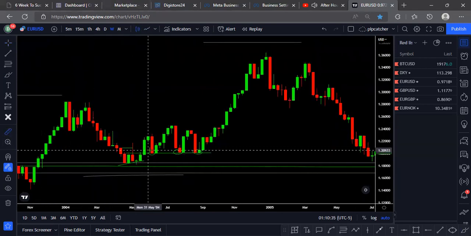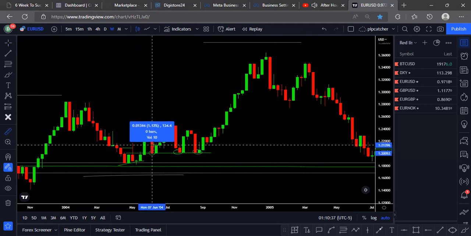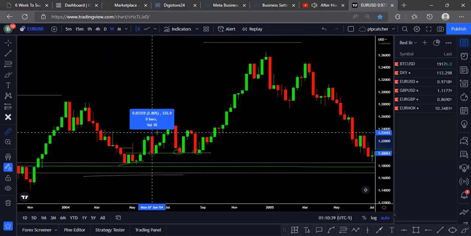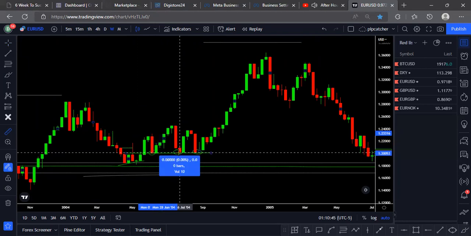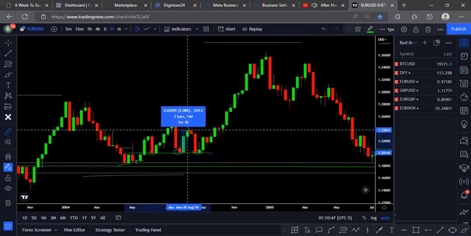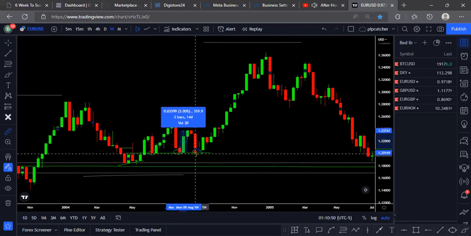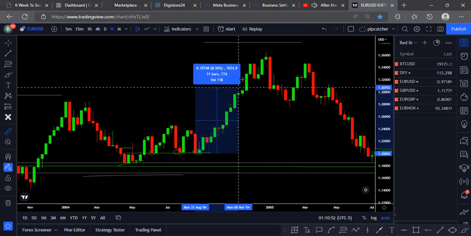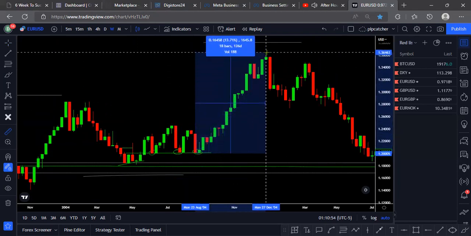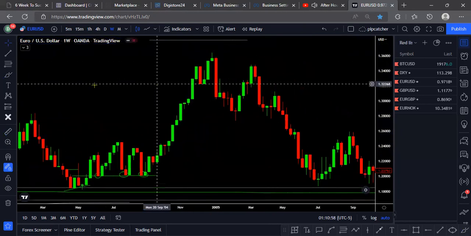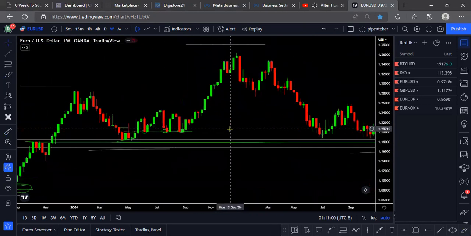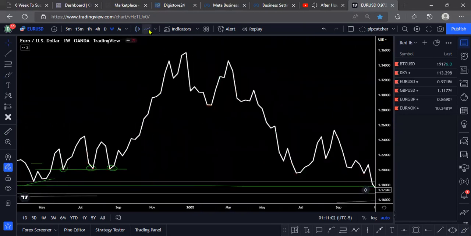On the weekly time frame, these rejections from this low at least to this high, 300 pips, almost 330. From here to here, 360. And then from that third rejection all the way up to maximum profit there was 1600 pips. So that's pretty wild.